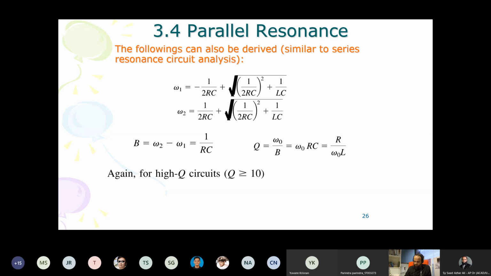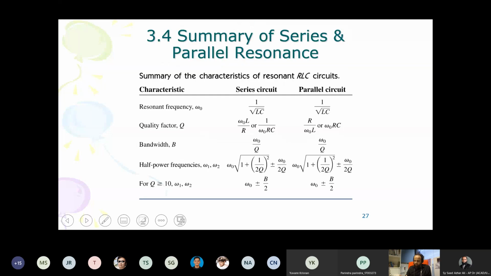Again, for high Q circuits, we can say that omega naught is the center point of omega 1 and omega 2, so B upon 2 on each side. This is a summary of all the series and parallel resonance. Luckily they are the same, but reciprocal.